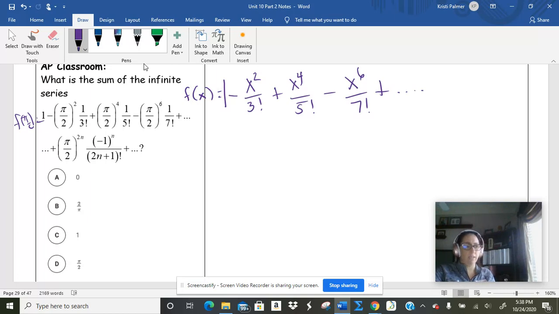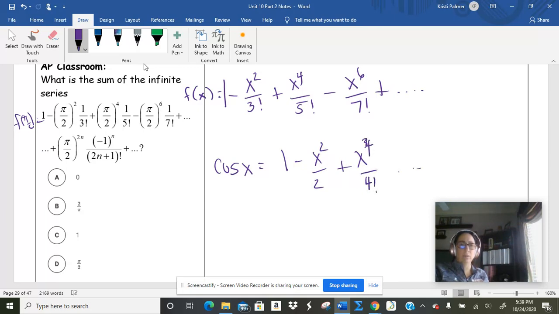So what have they done here? What's going on? That's what I really want to try to see. Is this like with a sine or with a cosine? If I look at cosine of x, it is 1 minus x squared over 2 factorial plus x to the 4th over 4 factorial.